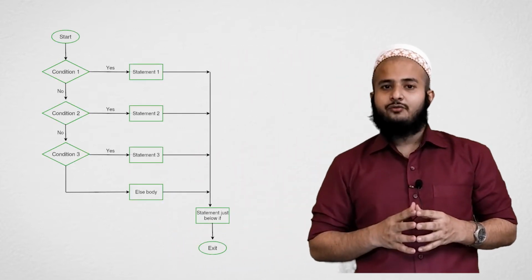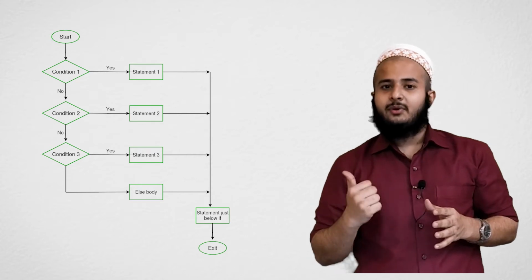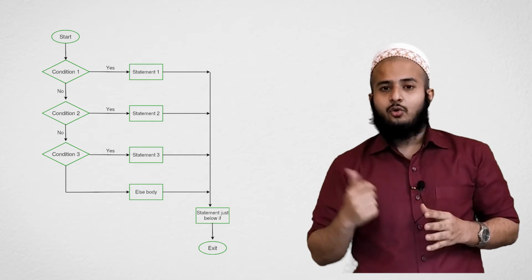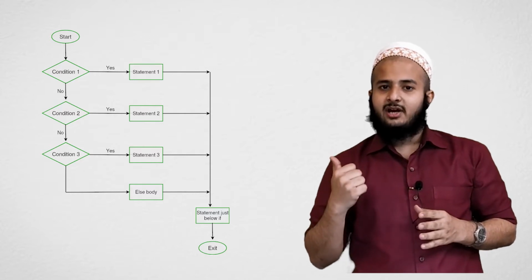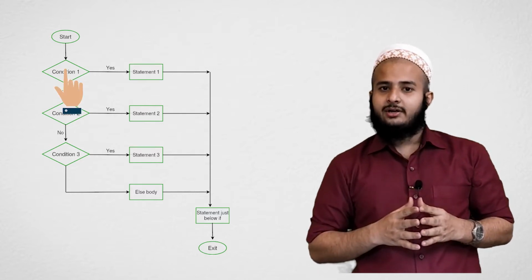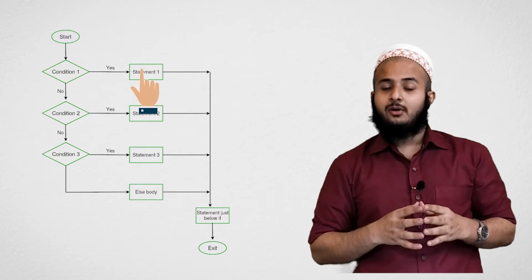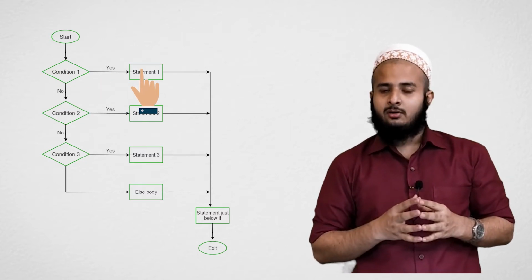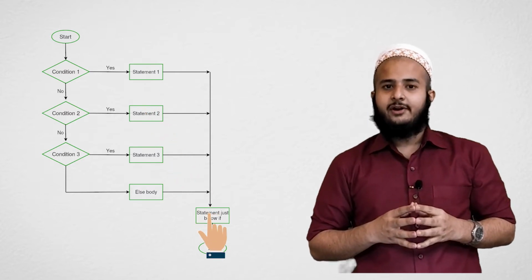Now we see the flow chart of else if ladder. So this is the flow chart of else if ladder. Here you see there are multiple conditions. Now let's go through the flow chart. First it checks condition 1. If condition 1 gives true result, then it performs statement 1 or task 1, and then the control goes outside the else if ladder block.